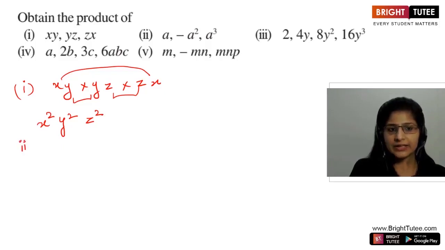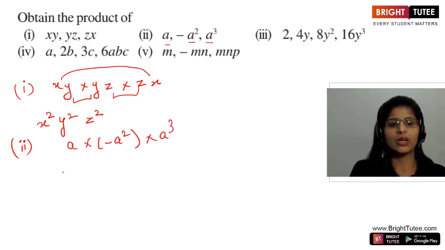The second part, a minus a square and a cube, we have to obtain the product. So minus will come definitely, and a to the power 1, a to the power 2 and a to the power 3. So we are going to add them. 3 plus 2 is 5 and 1 is 6, a to the power 6.